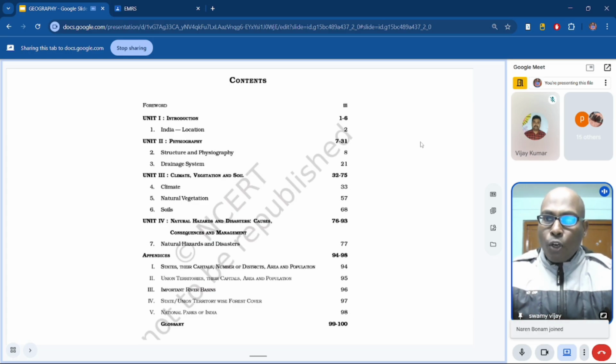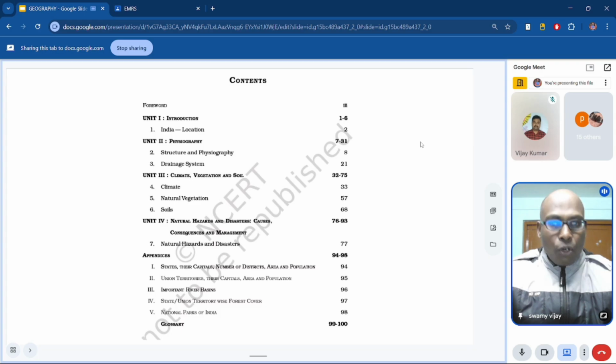So the first topic is India and its location. Then we need to study structure and physiography of India. Then drainage system. Drainage system means the river system, the flow of water from north to south or east to west. Then unit 3, climate, vegetation and soil: what is the climate of India, then natural vegetation and different types of soils.